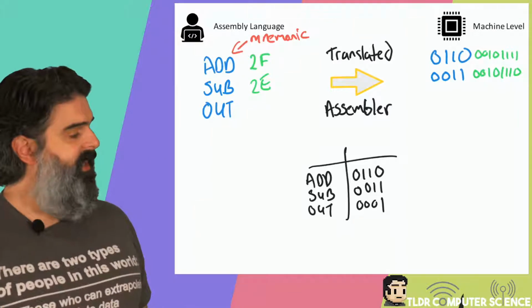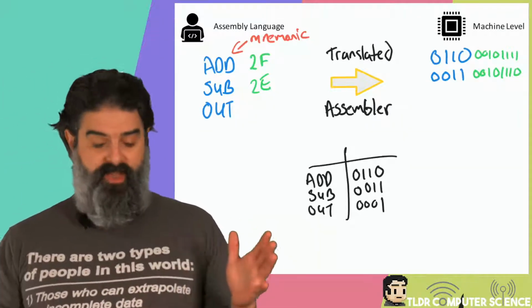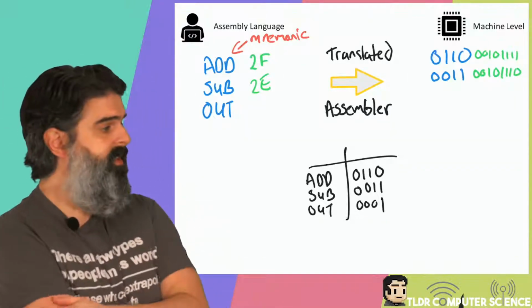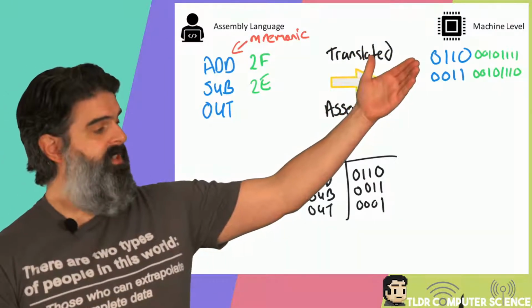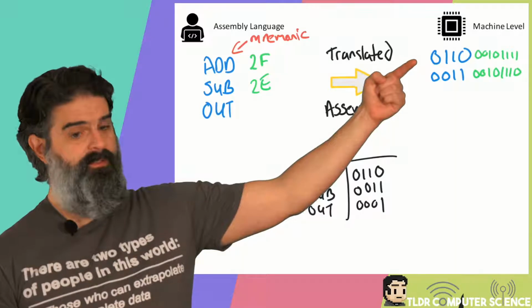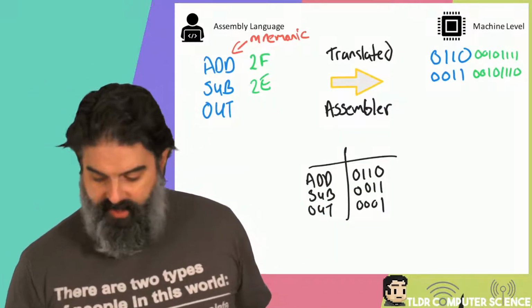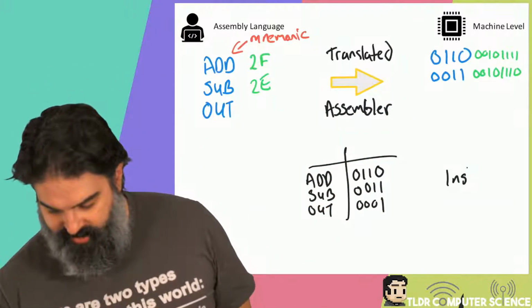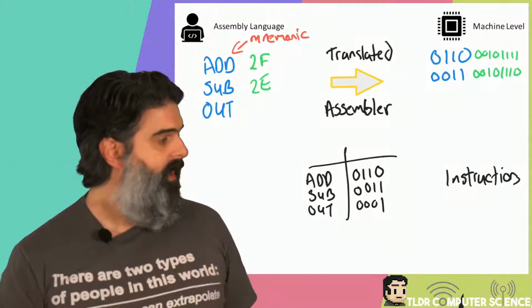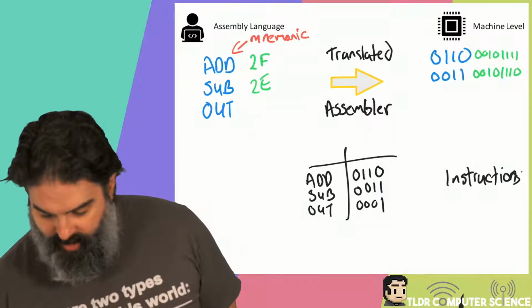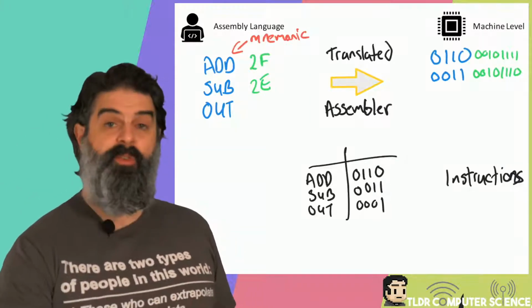So the idea being, thank you for saying that, Clarice, I'll have another go at doing this. In the computer, see those ones and zeros there? Those are instructions. I talked to you a long time ago when we did hardware with processors.